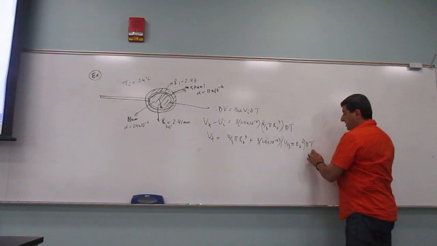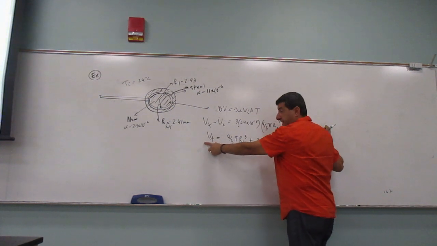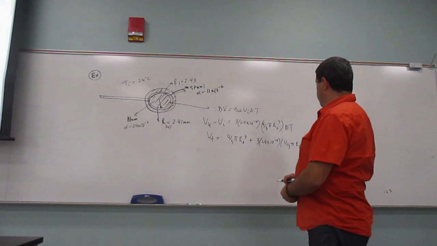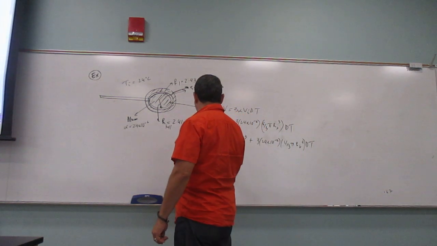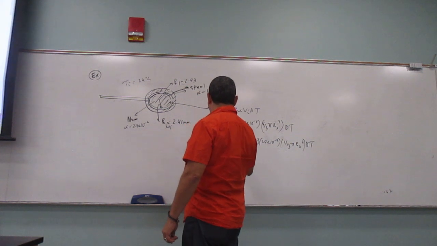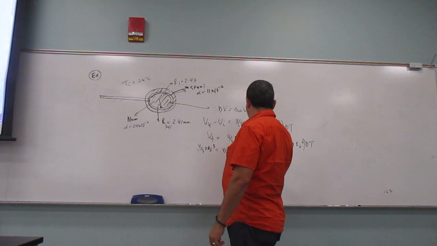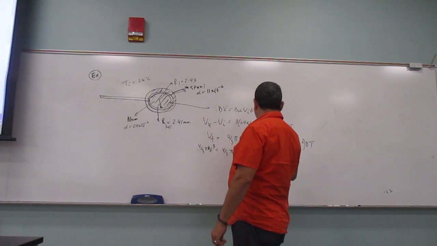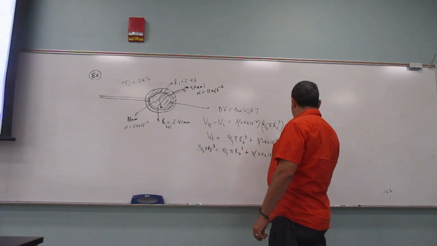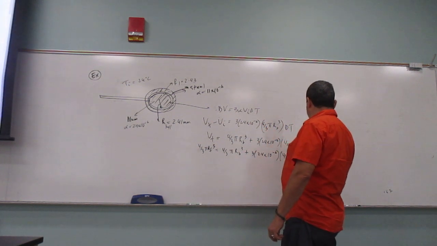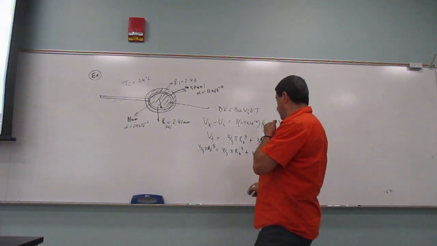If I add delta V to V initial, that gives me V final, right? And then V final is going to be 4/3 pi r final cubed. So I think the 4/3 pi just cancels.